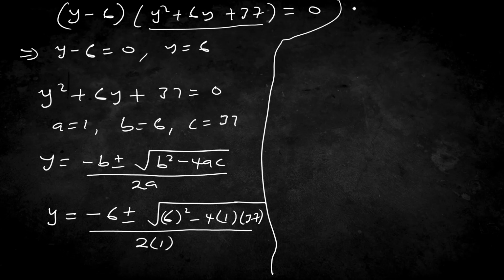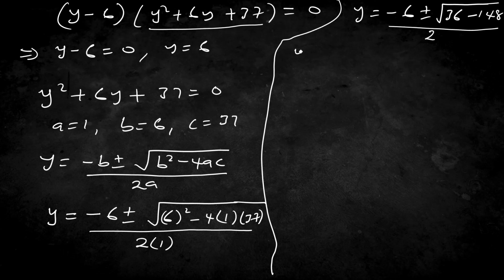So we have 36 minus, 4 times 37 will be 148, on 2.